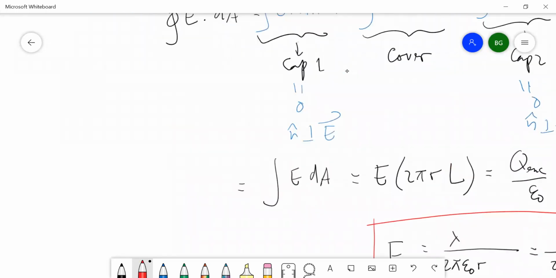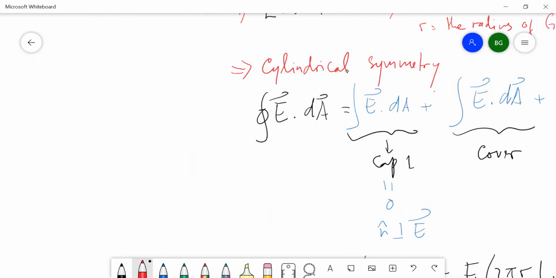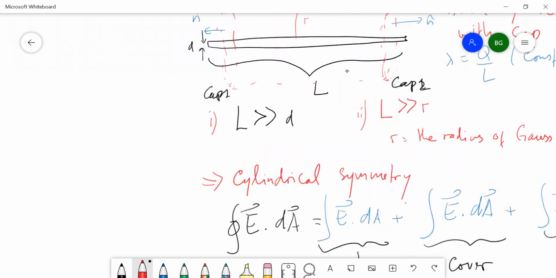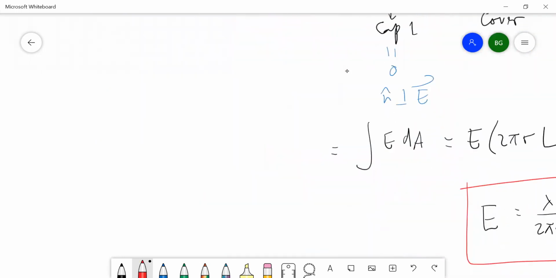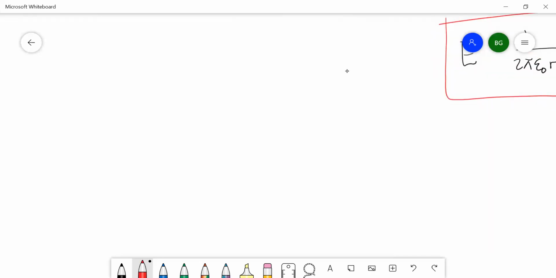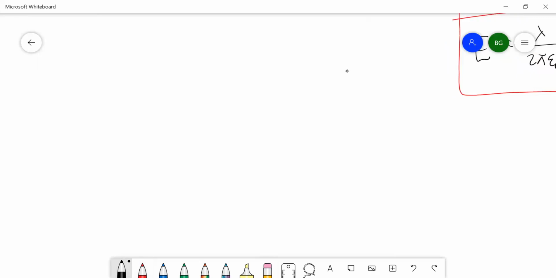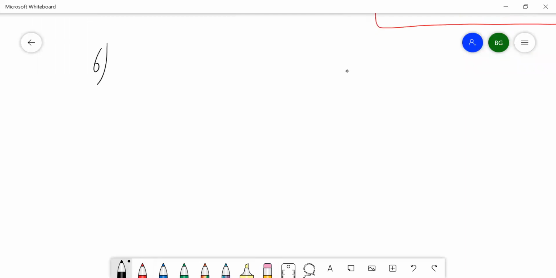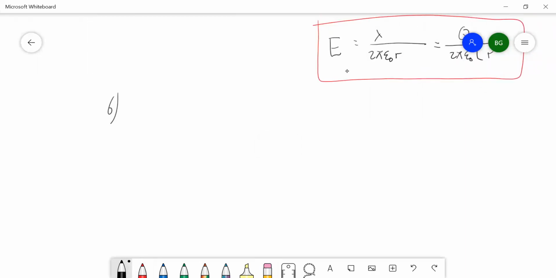Okay, the sixth example. Let's say 6. It's a very long cylinder.